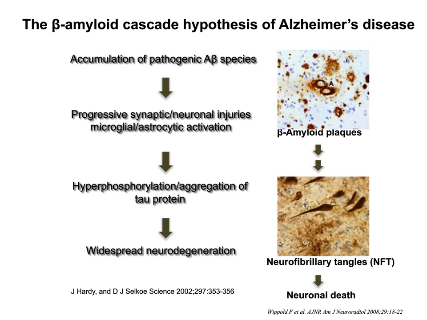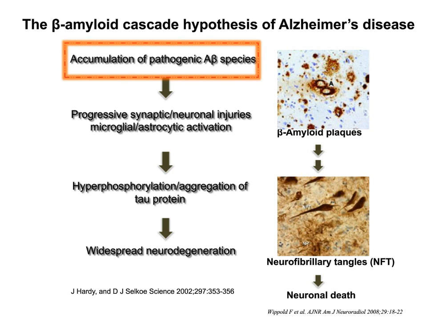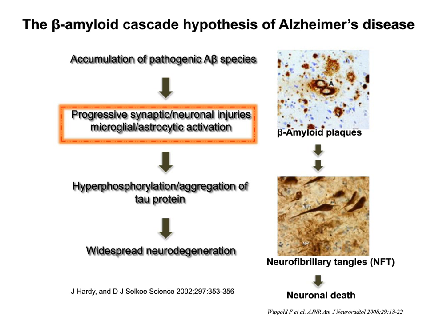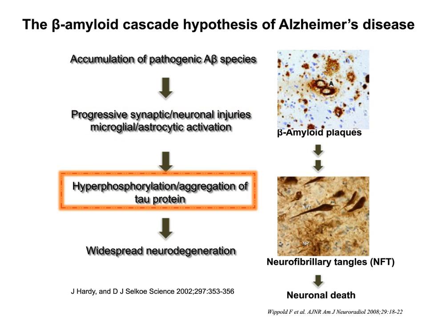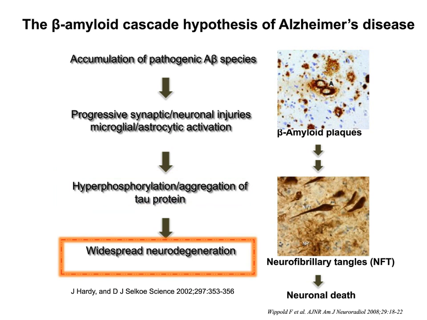The A-beta hypothesis suggests that excess accumulation of pathogenic A-beta species, either by familial Alzheimer's disease mutation in APP or presenilin, or by decrease in A-beta clearance, triggers a vicious toxic cascade, including synaptic deficits, microglial activation, neural injuries, and hyperphosphorylation and aggregation of tau protein, and in the end, eventually leads to neuronal death.